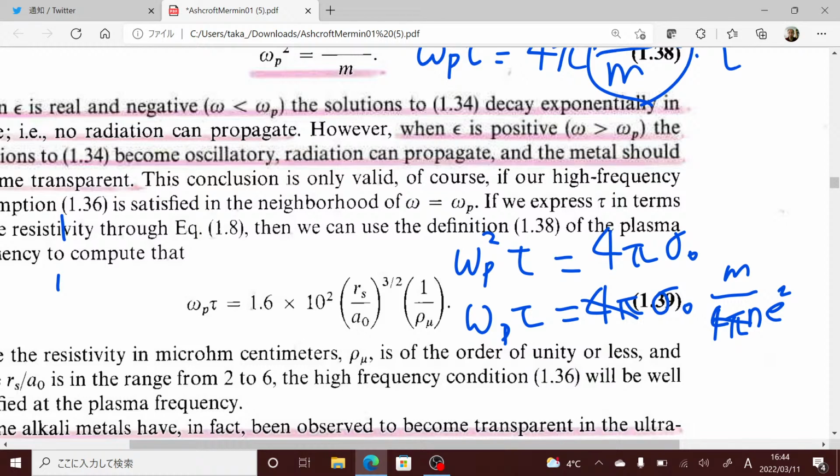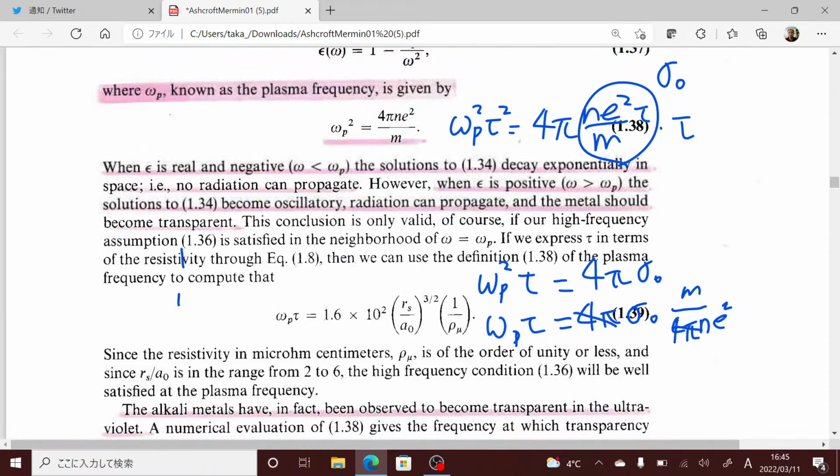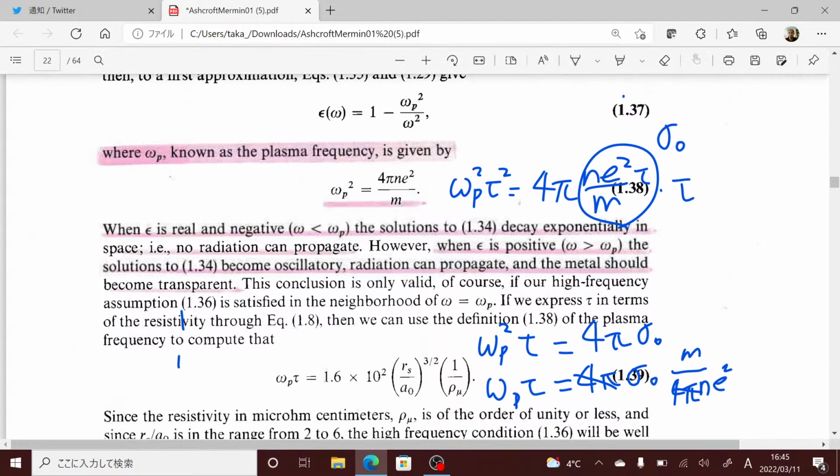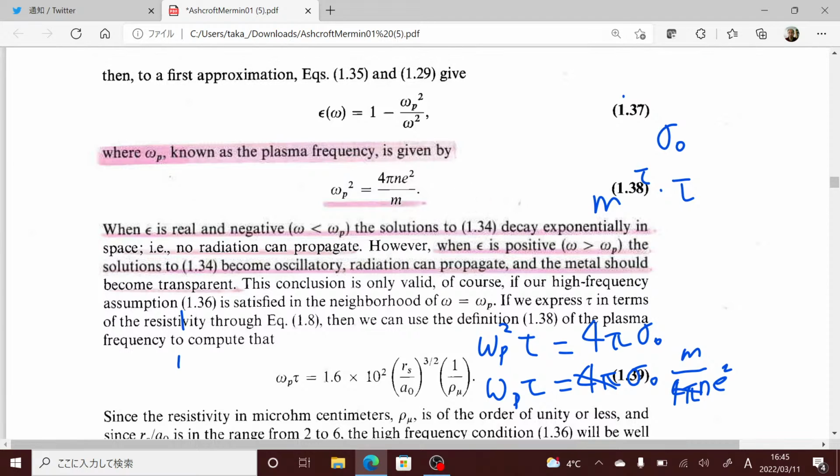I don't know if I'm getting the unit right. Let me try again. I can do this way.